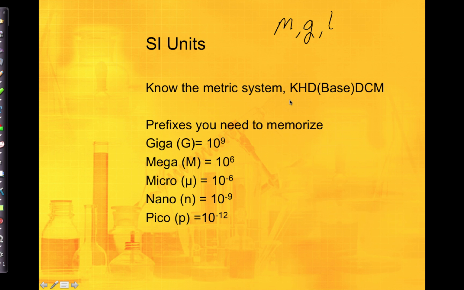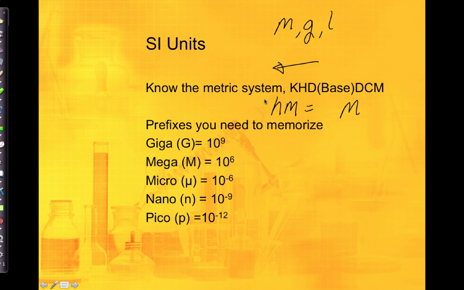And basically the way I look at it is, okay, if I want to know how many hectometers is equal to how many meters, what I do is count how many spaces they are away from each other. So for hectometers versus meters, I say, which one is bigger? Which one is more towards the left? Left is larger.